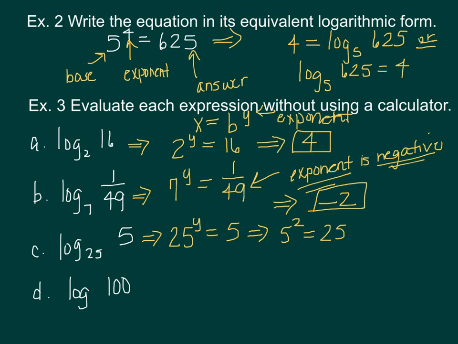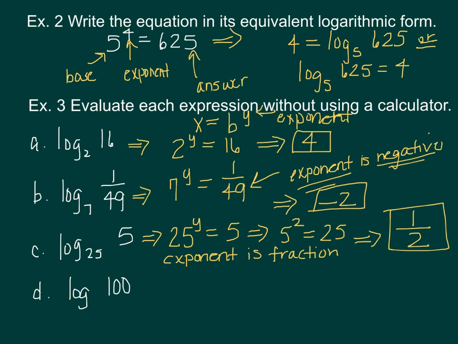So if they have made your base now the larger number, then the exponent has to be a fraction. And instead of it being 2, it will now be 1 over 2. So these are little things that will help you.